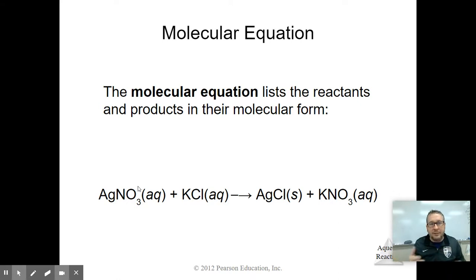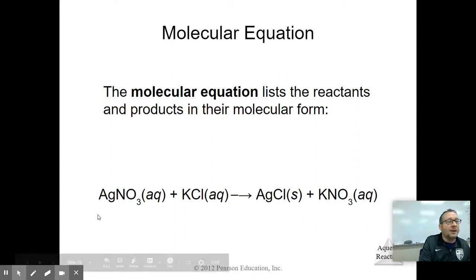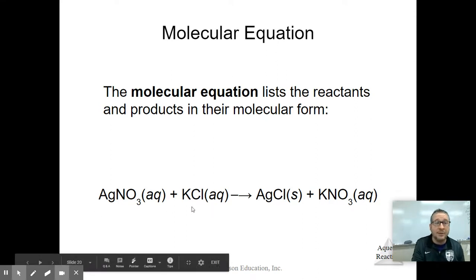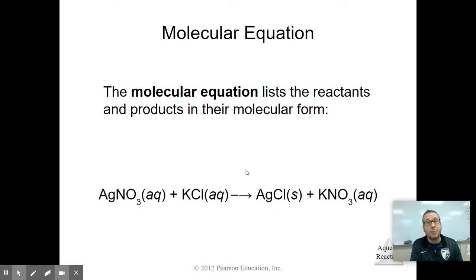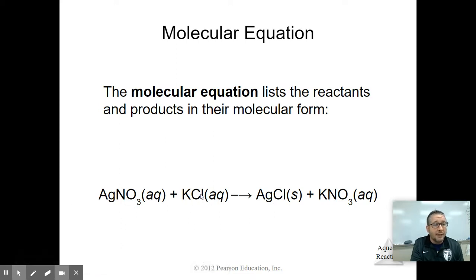It shows you everything that's involved. We got the reactants, we got the products. You see here we have silver nitrate reacting with potassium chloride, and then we do-si-do, we exchange partners, and silver now joins with chlorine, and potassium joins with nitrate.